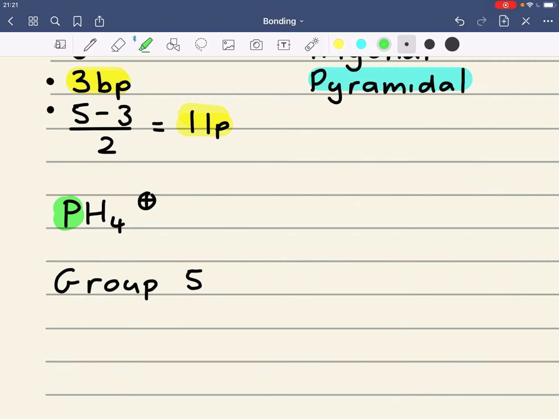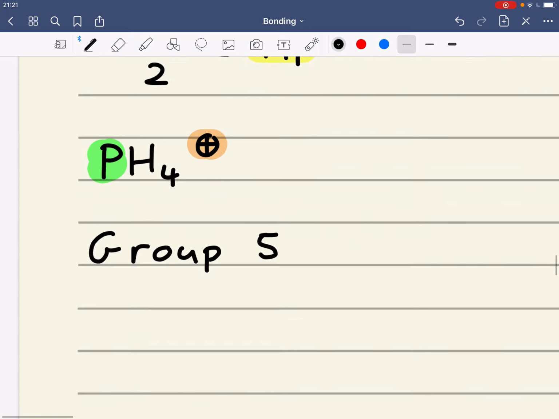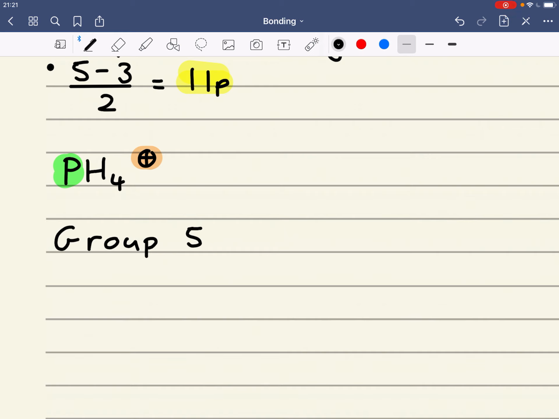However, we've now got a molecular ion, so we've got a positive charge here. If we get a positive charge, we subtract electrons. Phosphorus would usually have 5 electrons available for bonding, but because the molecule's got a plus charge, we take 1 away. And that means the phosphorus has got 4 electrons available for bonding.